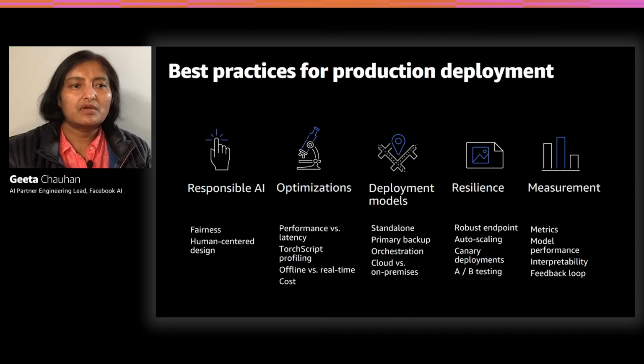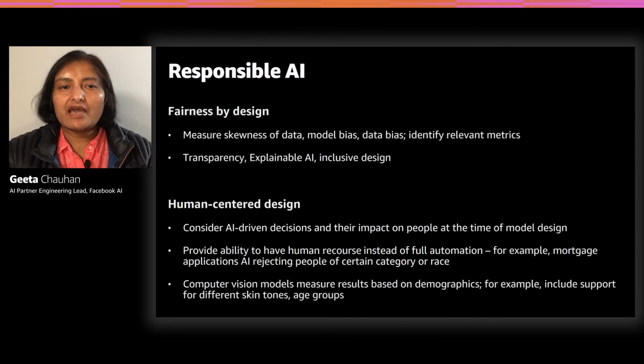You need to take into consideration things like auto scaling, canary deployments, A/B deployments, and then there needs to be a continuous measurement of the right metrics of the model for right performance, interpretability, and a feedback loop with continuous refinement. For responsible AI, fairness by design and human-centered design will play a key role.